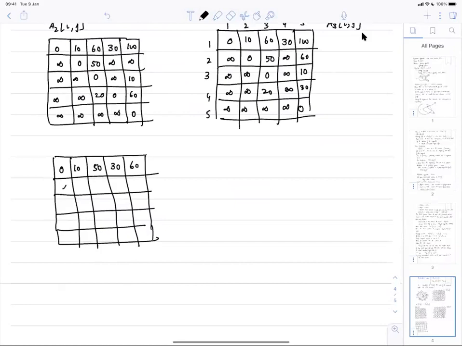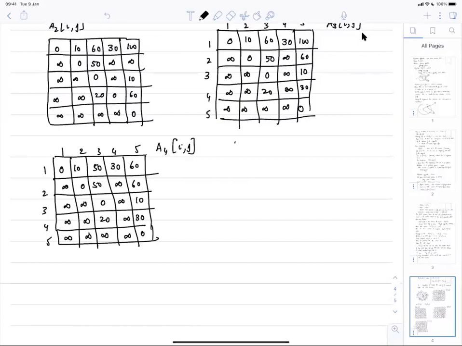And infinity, 0, 50, infinity, 60, infinity, infinity, 0, infinity, 10, infinity, infinity, 20, infinity, 30, infinity, infinity. 1, 2, 3, 4, 5, 1, 2, 3, 4, and 5. And this is A4 when I'm including the fourth vertex.